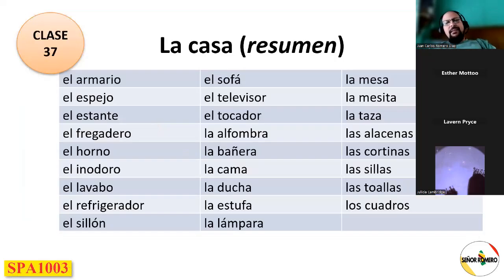I will not really take my time to tell you the meaning of all these words for 2 reasons. Class number 37, you see it on top left. In class number 37, that was one of the 2 video classes that you were supposed to watch before this revision, I told you the meaning of all these words related to la casa. Also, let me go back.